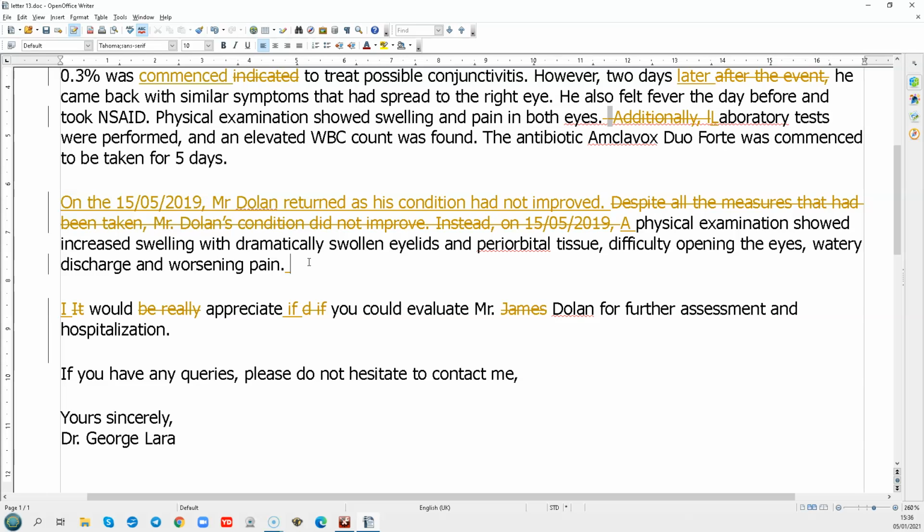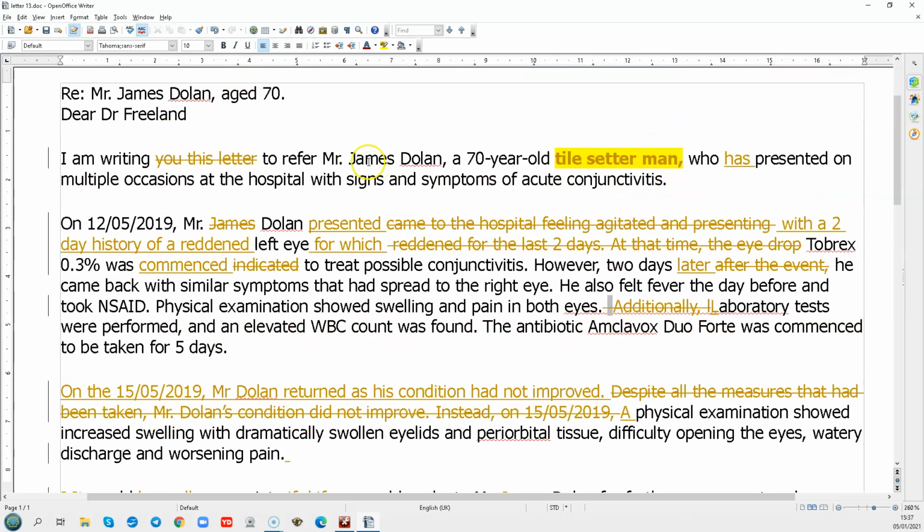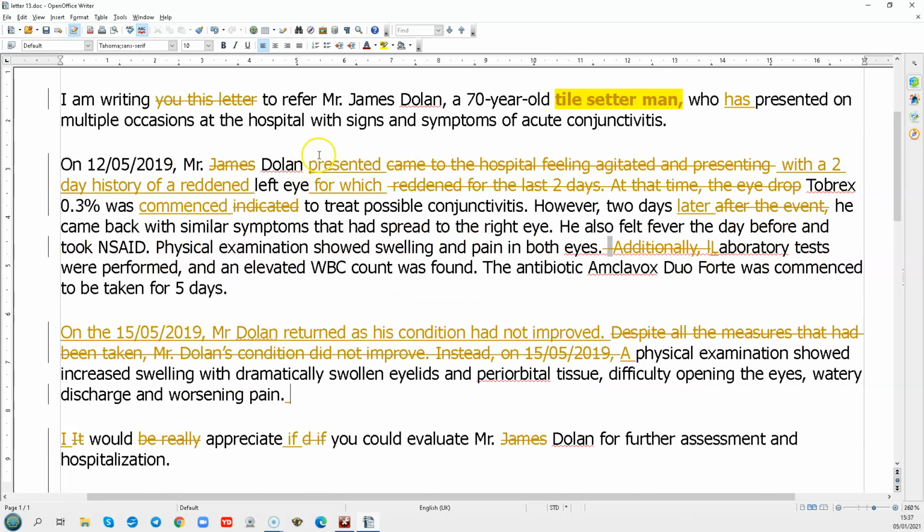Now, usually when you have a visit, now I don't have case notes for this, and as I've said on several occasions, if your letter is a good one, I shouldn't need any notes. Everything that I need, or that the reader needs, should be contained in this particular document. So, writing to refer Mr. Dolan, okay, the symptoms, alright. Mr. Dolan presented, and so on.